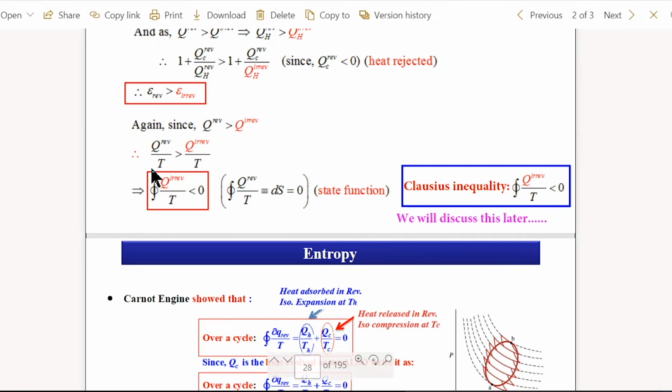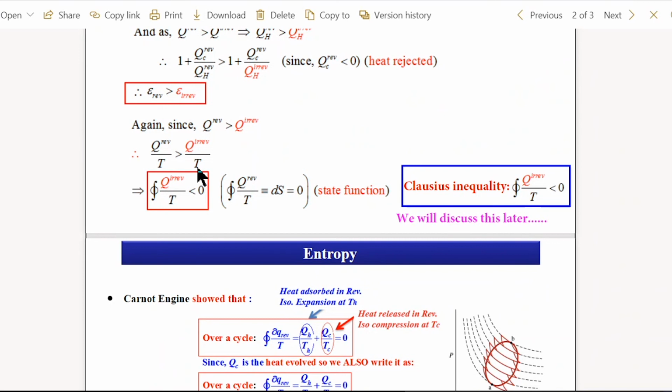So if I take the temperature at which the heat is being transferred, Q reversible by T will be greater than Q irreversible by T, right? Q reversible is greater than Q irreversible.